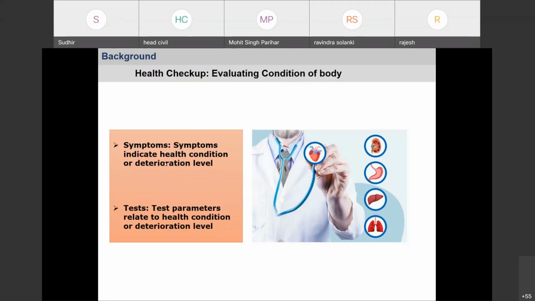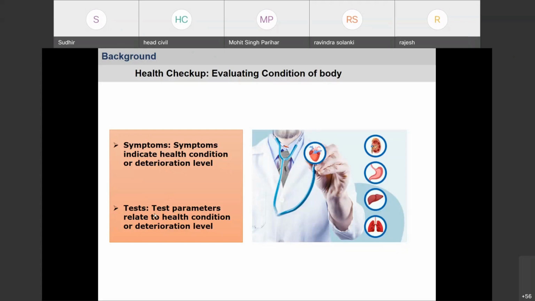If the doctor wants, then he also specifies some test, and it could be a blood test or whatever. And in these tests, he's looking for certain parameters, right? So he takes these test parameters and relates them to health condition or deterioration level in the body, right?